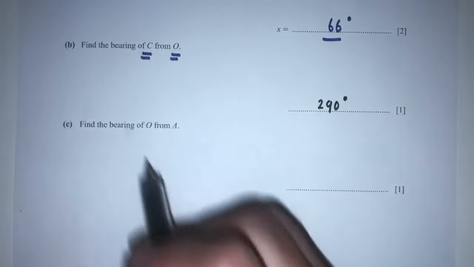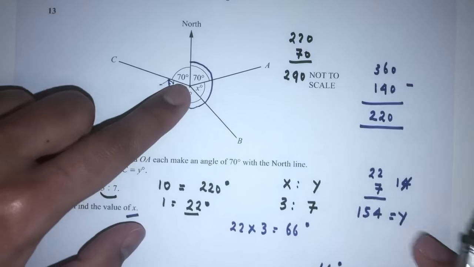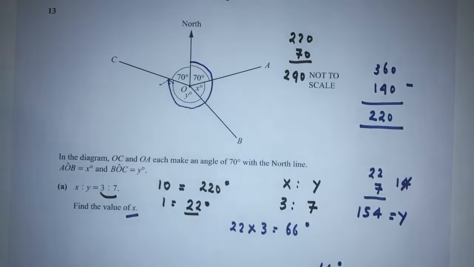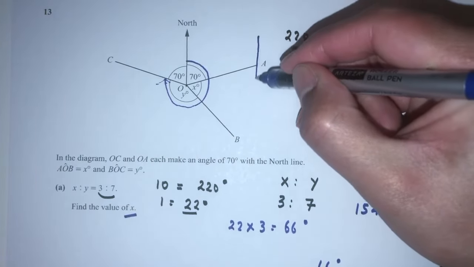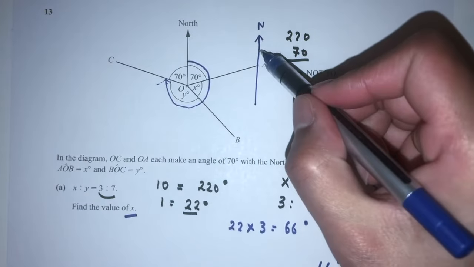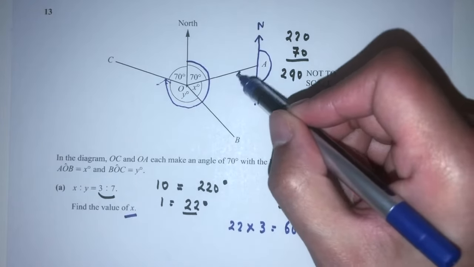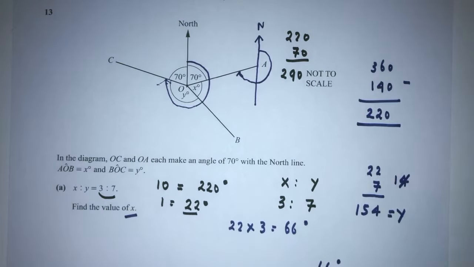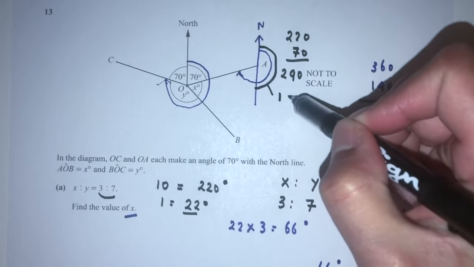Now find the bearing of O from A. So let's draw a north line at A. A is here. We have to find this angle from A to O. How do you find this? We know this is 180.